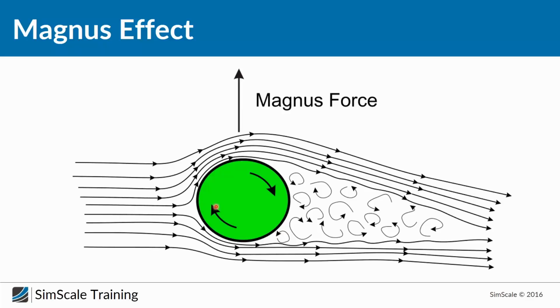Basically, you can get an intuitive understanding from Newton's third law, because the body is deflecting the flow with a deflecting force, and from Newton's third law, it also means that the flow is deflecting the ball the same way.